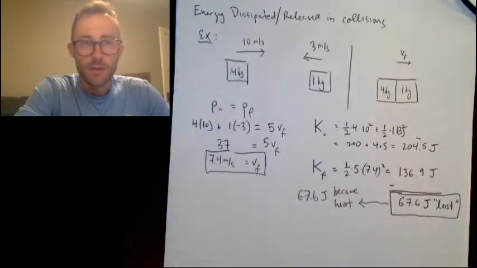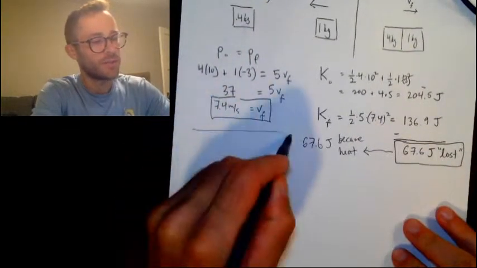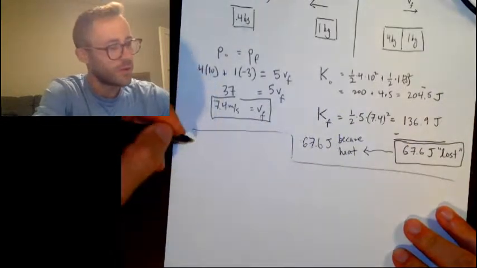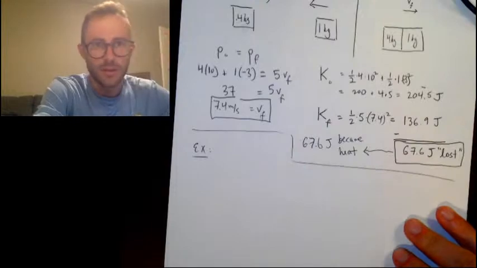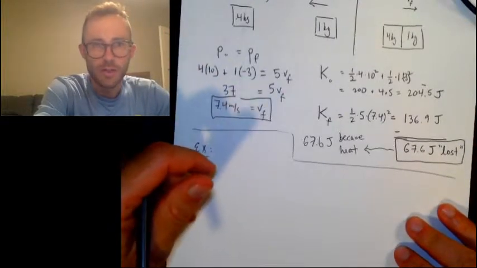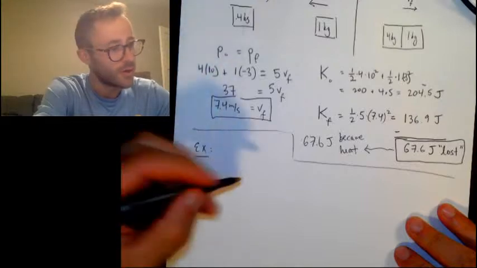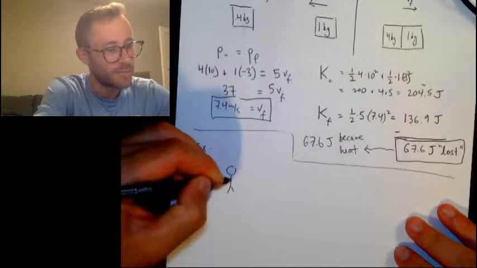I'm not going to actually work out the math because it's analogous, but I'm still going to call it another example. You might recall we did this recoil velocity problem where we had the astronaut with the rifle.